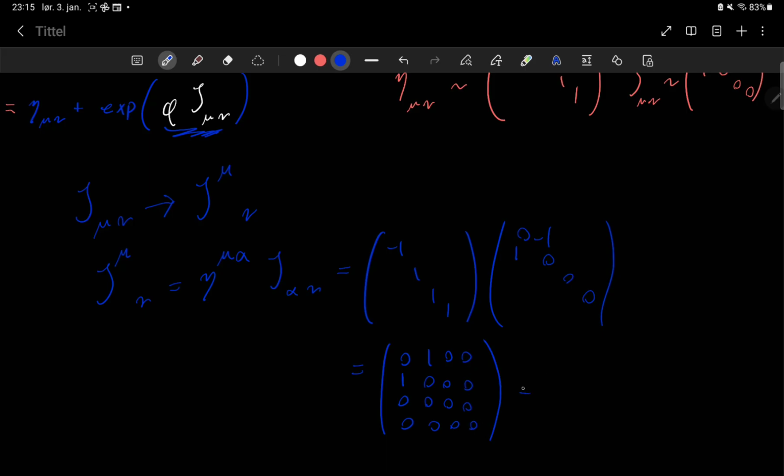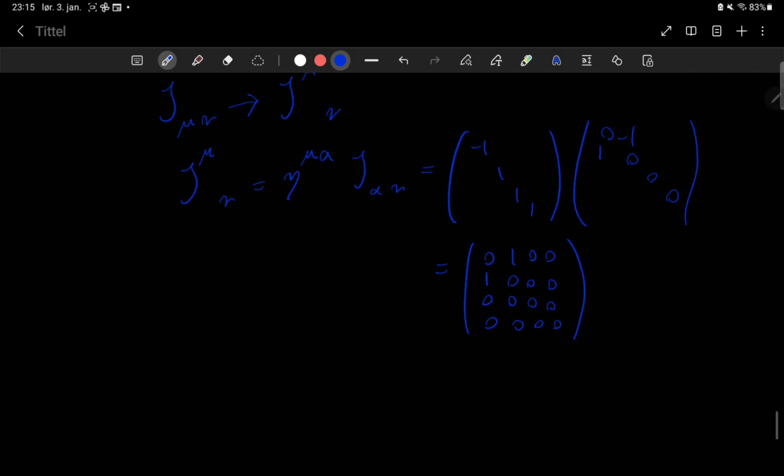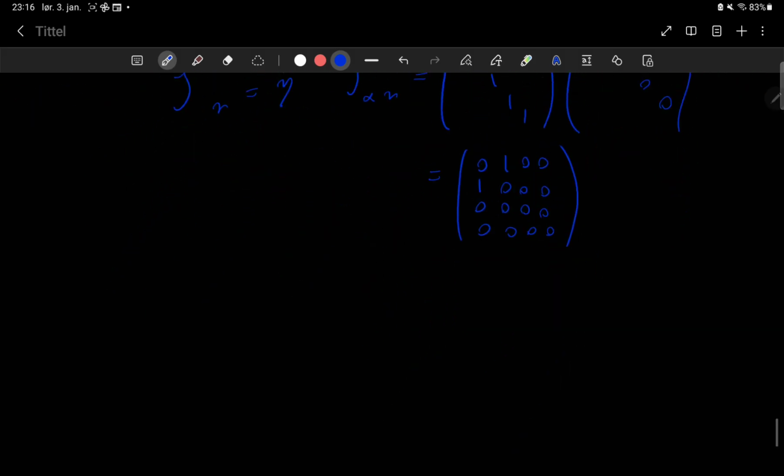Okay. So that means we can write our nice mixed form as, well, it's going to be the identity, as I briefly showed by multiplying this and raising an index, plus the exponential, I believe, of our mixed generator.